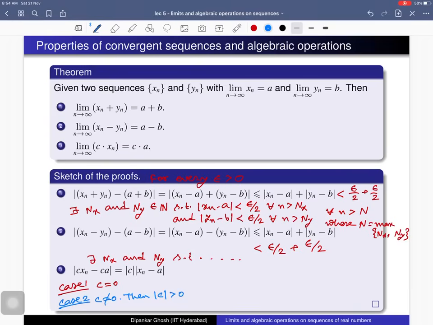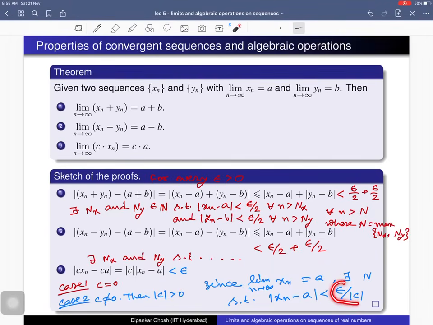So the epsilon-n condition we should verify. We should prove that this is less than epsilon. Why? Since the limit of xn as n tends to infinity is a, there exists n such that this distance xn minus a is less than epsilon by the absolute value of c. Since this is positive, epsilon by the absolute value of c is some positive real number.